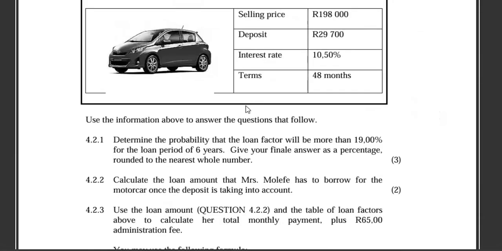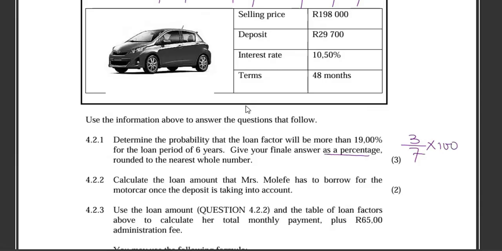Now, period of 6 months, it's here. 6 years, sorry. So which one is more than 19? How many do we have? 1, 2, 3. It's 3. Out of how many? 1, 2, 3, 4, 5, 6, 7. So 3 out of 7. They said as a percentage. So what do we do?